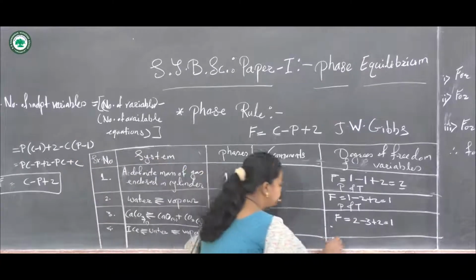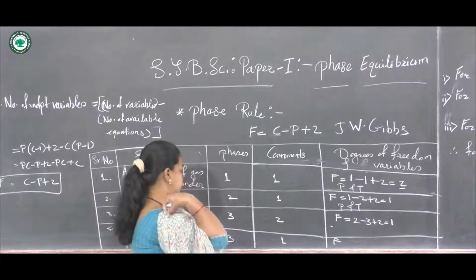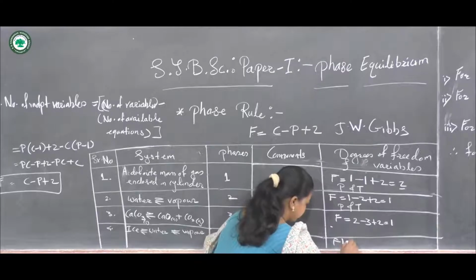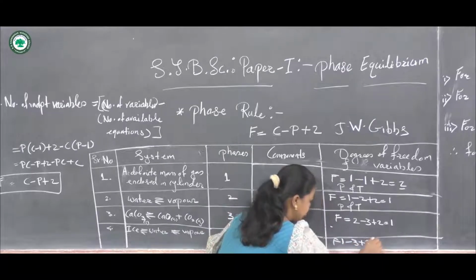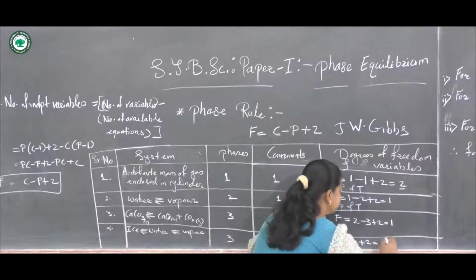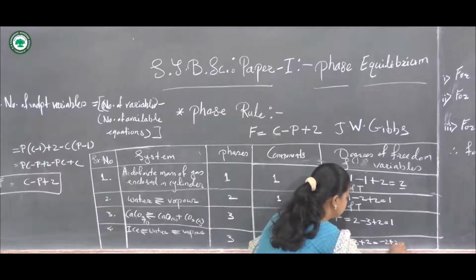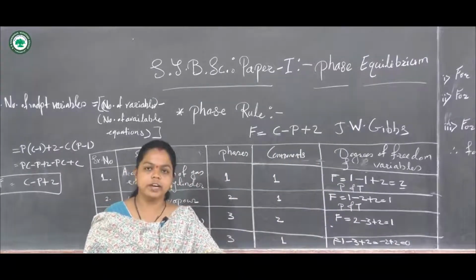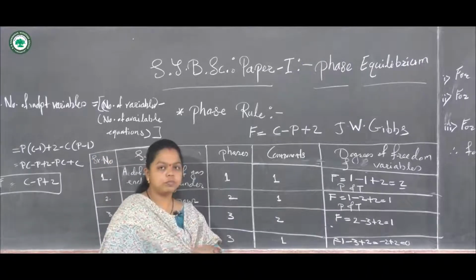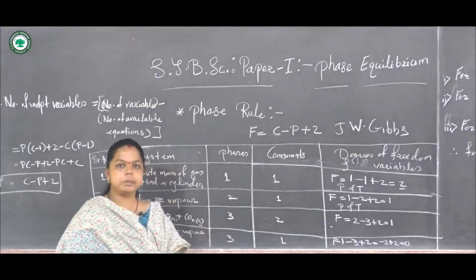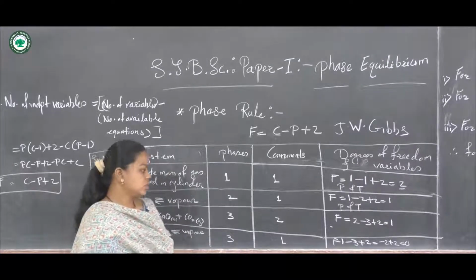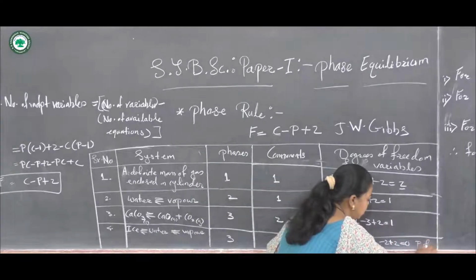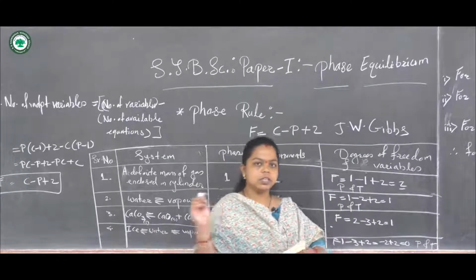The number of degrees of freedom is calculated as components 1 minus phases 3 plus 2, which is minus 2 plus 2 equals 0. So it is a non-variant system, and this can be given as an example of water in equilibrium with water vapor and ice. So this is the non-variant system, at a particular pressure and a given temperature.